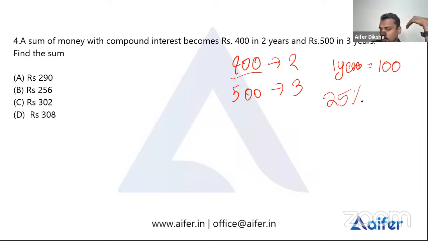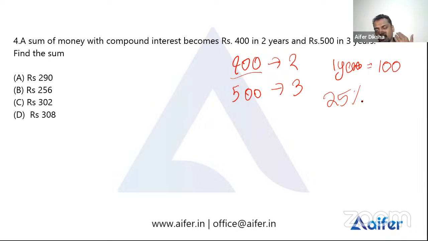How did we get the rate of interest as 25%? It's simple. 400 becomes 500 in 1 year, so from 400 there is an increase of 100 in 1 year.